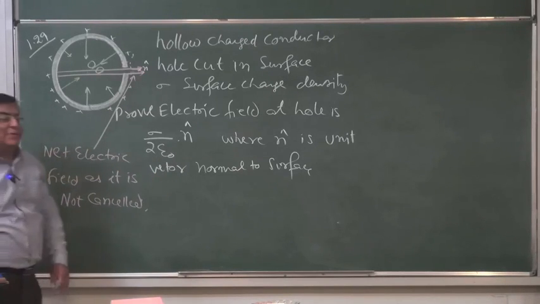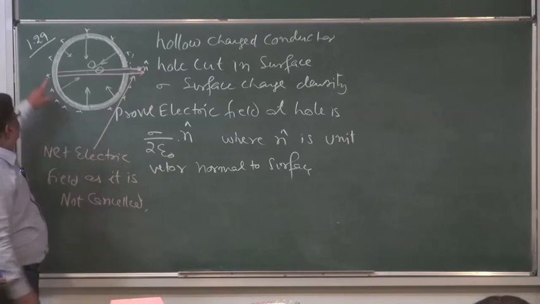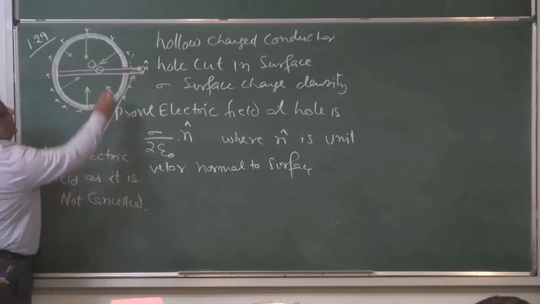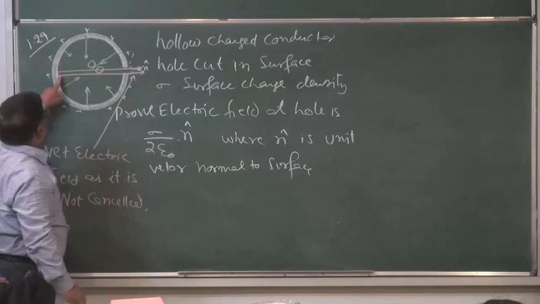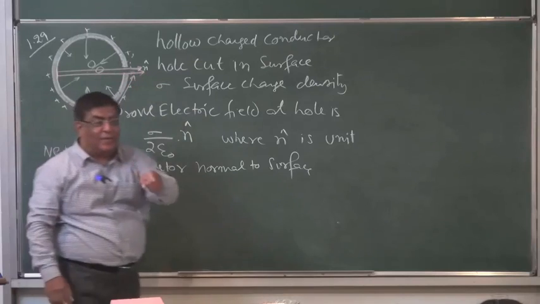और ये कितना होता है? ये एक फ्लैट सरफेस है, compared to this small hole, this is a flat surface. और फ्लैट सरफेस से निकलने वाला इलेक्ट्रिक फील्ड कैसा होता है, अभी अभी आपने पढ़ा.